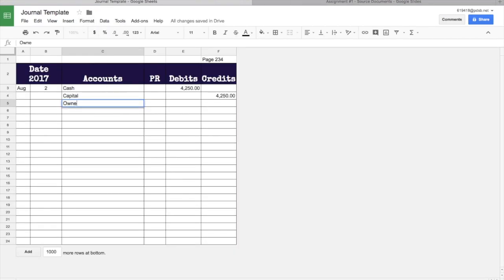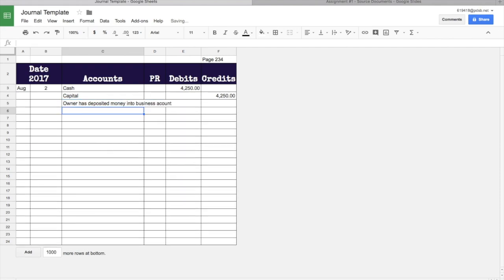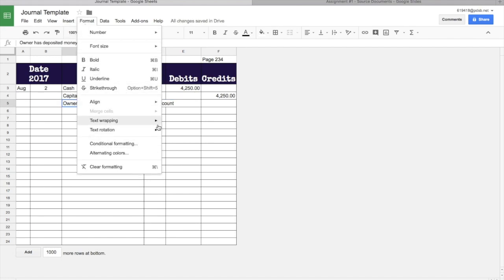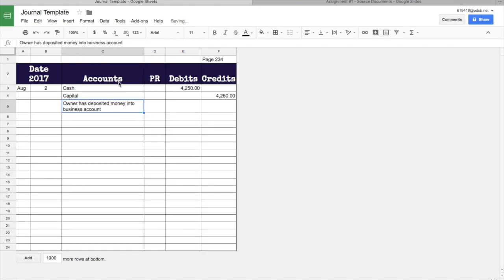Owner has deposited money into business account. Sorry, there's 2 C's in there. Okay, and then we can go ahead and wrap the text and put that in the middle so that it looks all nice and flowery, okay?